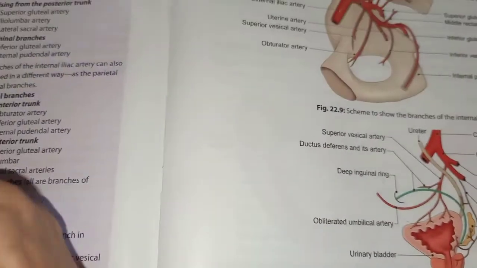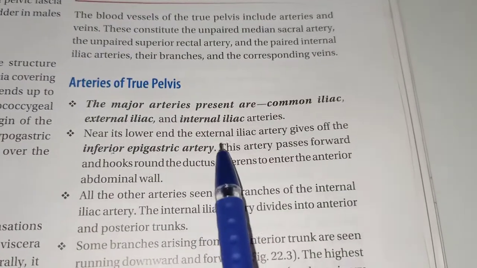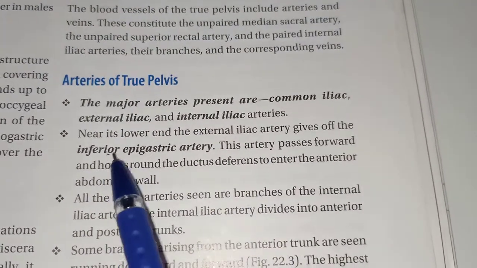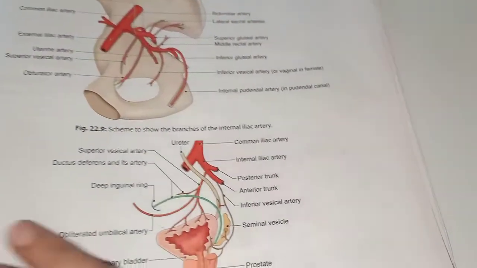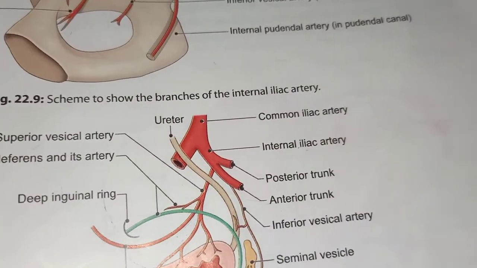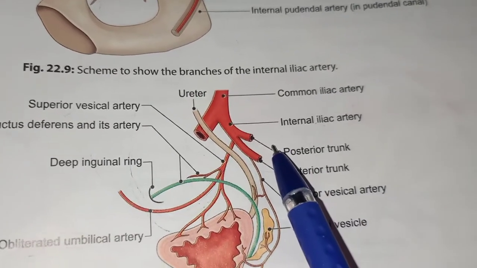That was the single branch arising from the lower end of the external iliac artery. Here we are talking only about the internal iliac artery, the main blood vessel supplying the true pelvis.